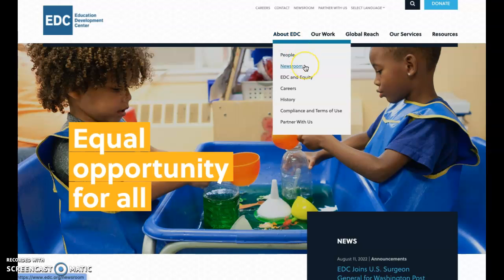Think about the newsroom, current events in education. Careers. Remember, because you're in this program does not mean you need to stay in the four walls of a classroom. Maybe you want to be a curriculum developer. Maybe you want to be a counselor. So really think about how your associate's degree will allow you to expand and grow as you move into a bachelor's program, a master's program, etc.